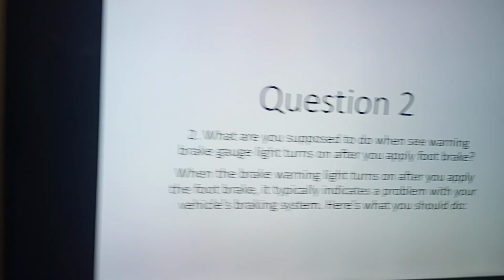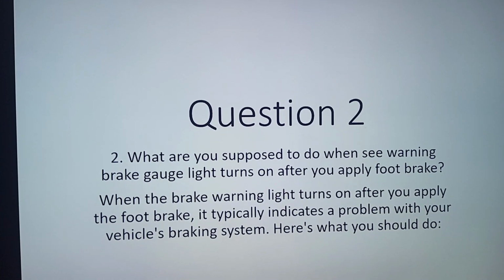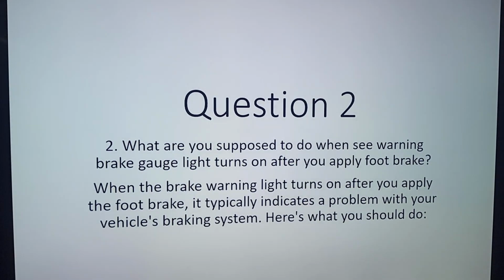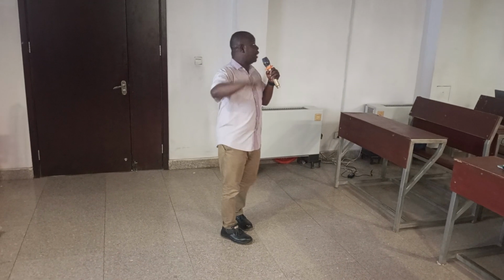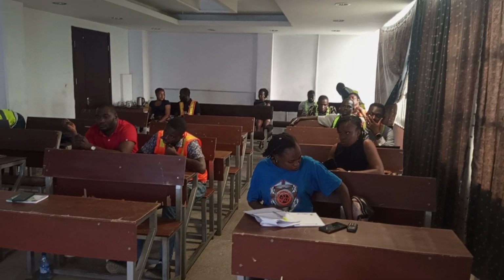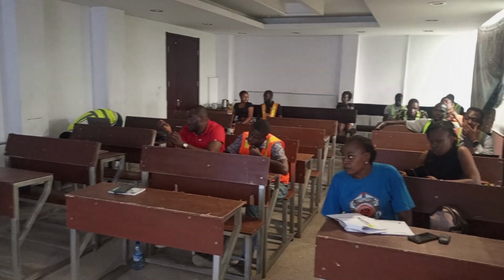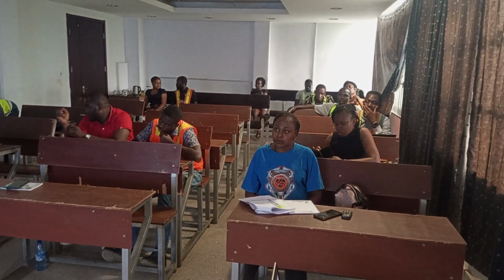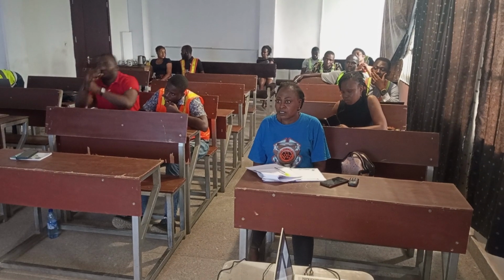The question goes thus. What are you supposed to do when you are driving, you step on your brakes, and you see the brake warning light? When the brake warning light turns on after you apply the foot brake, it typically indicates a problem with your vehicle's braking system.